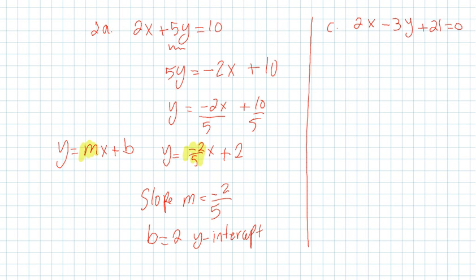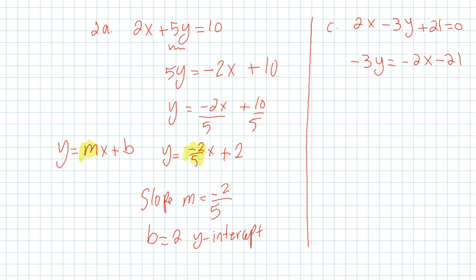What do I have to do? Leave y by itself. So what do I have to move to the other side? 2x. Just 2x? And the 21, right? So that's going to be negative 2x minus 21. Do you guys agree with that? Good.